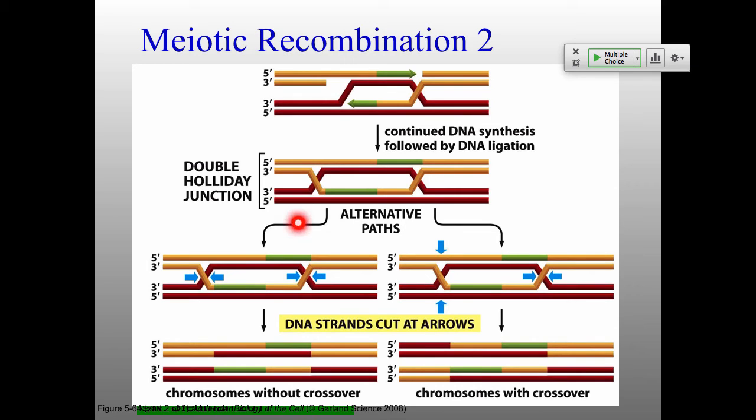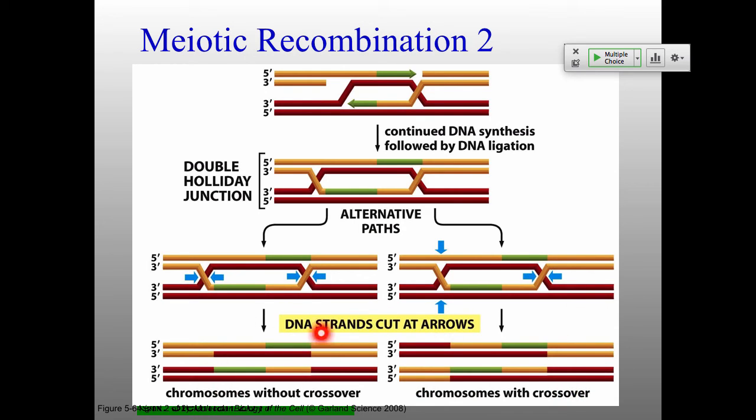And what I mean by crossover is that the DNA at one end of where you had these 2 Holliday junctions is coming from one chromosome, in this case the red one, and the other end is now from a yellow one. And, of course, reciprocally, yellow at one end, red at the other.